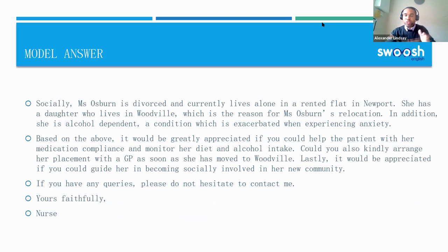So remember, the daughter is important because that is providing the context as to why Ms. Osborne is moving. It shows she has some social support in Woodville, and so that's something that the medical practice will want to know. They'll want to know that there is some care that's being provided by the support she has from her daughter.